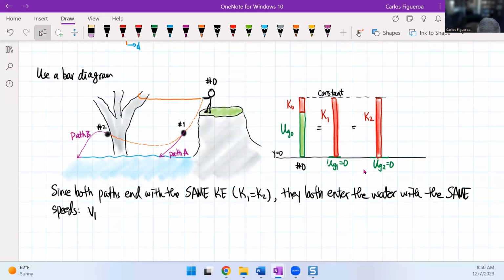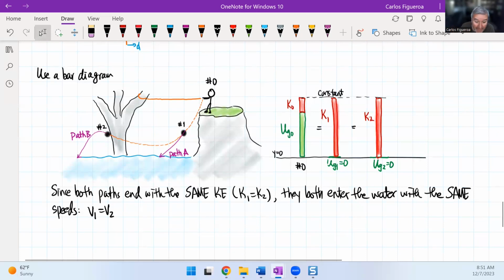In other words, V1 is the same as V2. Now note, this is an extremely difficult problem if you try to use Newton's laws. You would really have to work yourself pretty hard to get this answer.